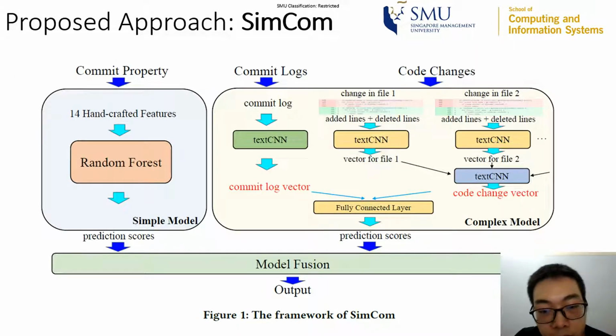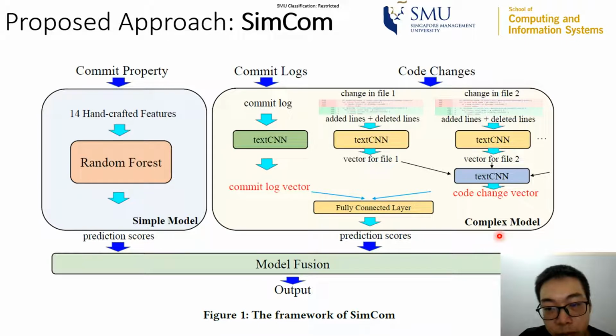This figure shows the framework of our proposed approach, SYNCON. As I mentioned before, we use late fusion techniques. That means we need two separate models for each modality: simple models for the handcrafted features and complex models for the commit content. For the simple model, we use 14 handcrafted features with random forest as the classifier to generate the prediction scores.